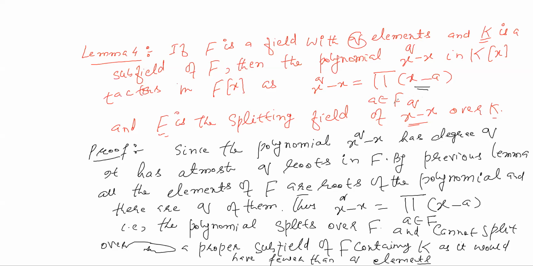Now, having all these lemmas in our hand, we are ready to answer the question that we posed in the beginning. So let me just state the theorem. It is called existence and uniqueness of finite fields.